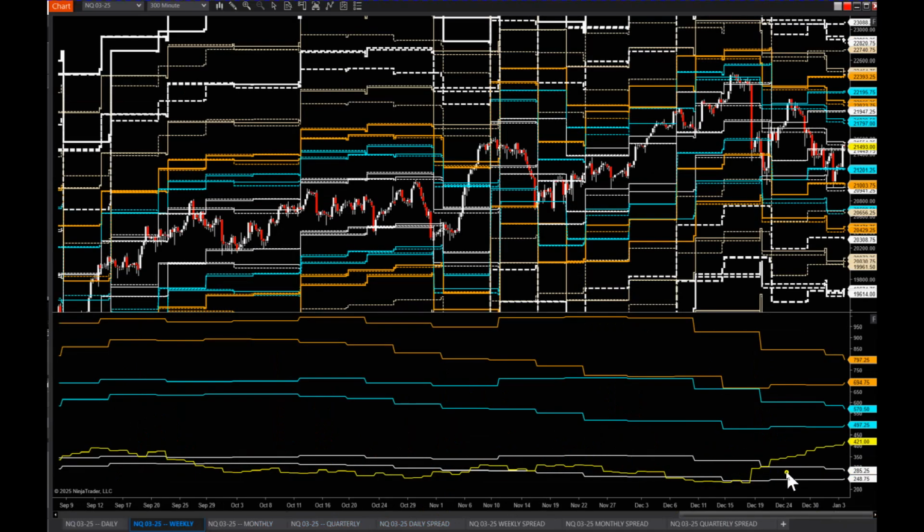Maybe you were getting a breakout as well. You can see here on the weekly time frame we got a breakout of this very low volatility in September, October, November, and December.